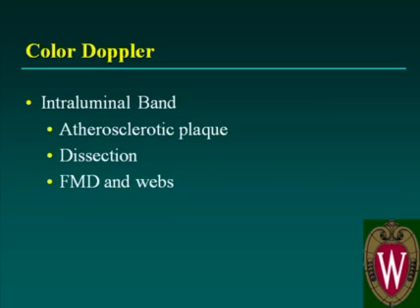First of all, intraluminal bands are sometimes seen in the performance of carotid Doppler, and a band that crosses the lumen of the carotid artery can result from basically 3 sources, the most common being a free edge of atherosclerotic plaque. It can also indicate dissection or the presence of fibromuscular dysplasia and luminal webs.